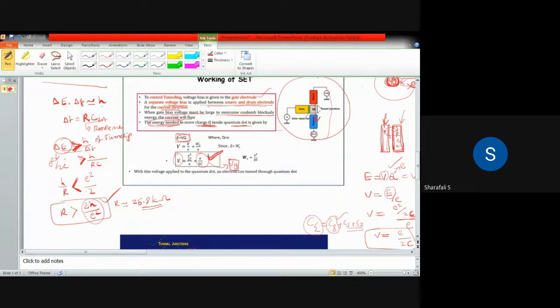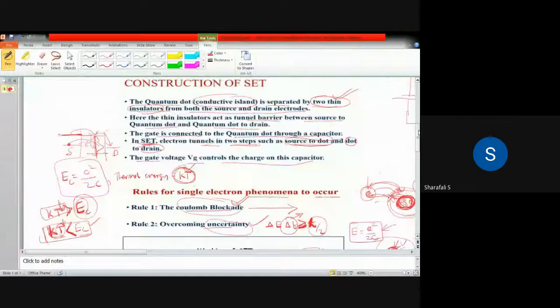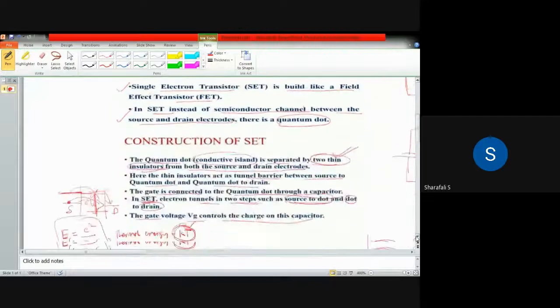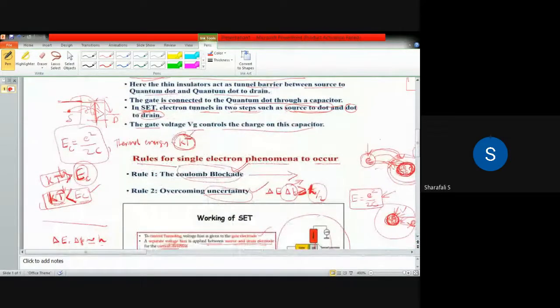So what was the first condition? The first condition is e square by 2C, this energy, must be greater than kT. Then the second condition is that R must be greater than 25.8 kilo ohm. These are the rules for single electron phenomena to occur in single electron transistors. I think I had missed that point here.